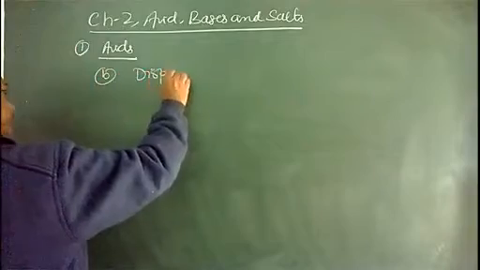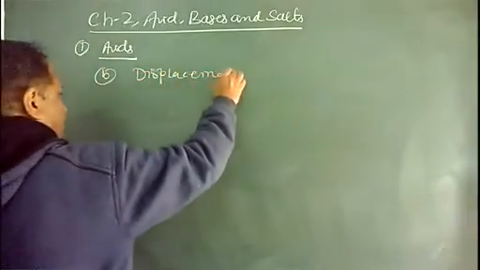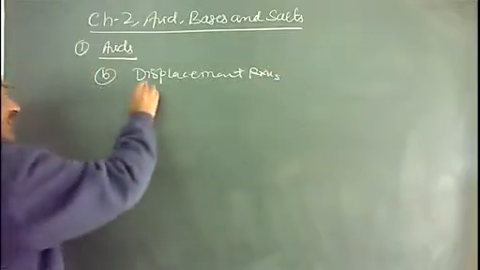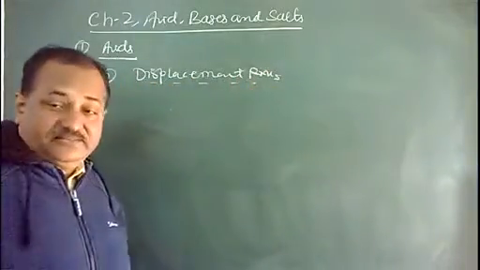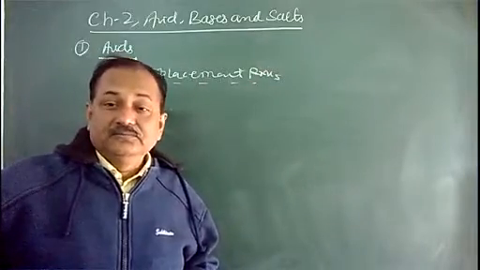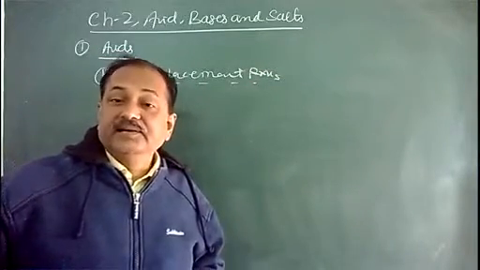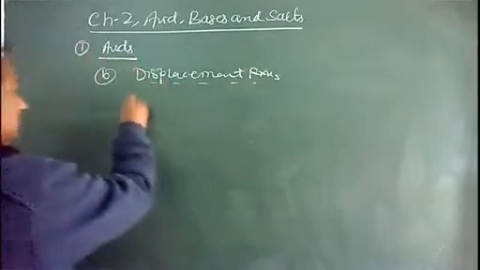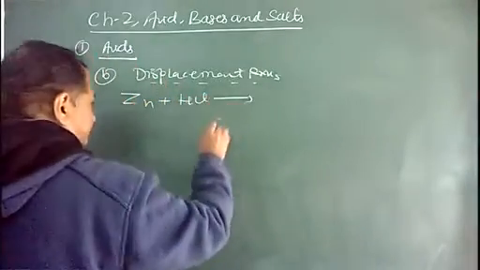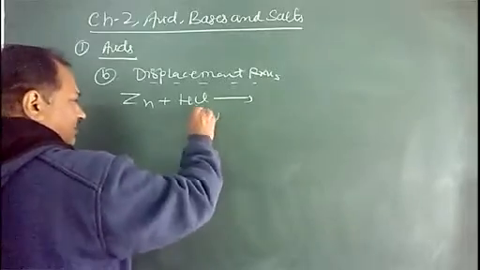Displacement reactions. So children, acids undergo displacement reactions. They displace hydrogen in the reaction. See how? If you take zinc and HCl, here we take the aqueous.